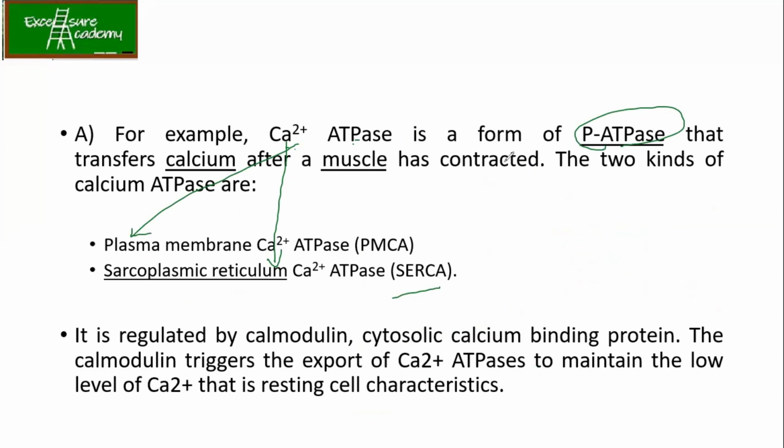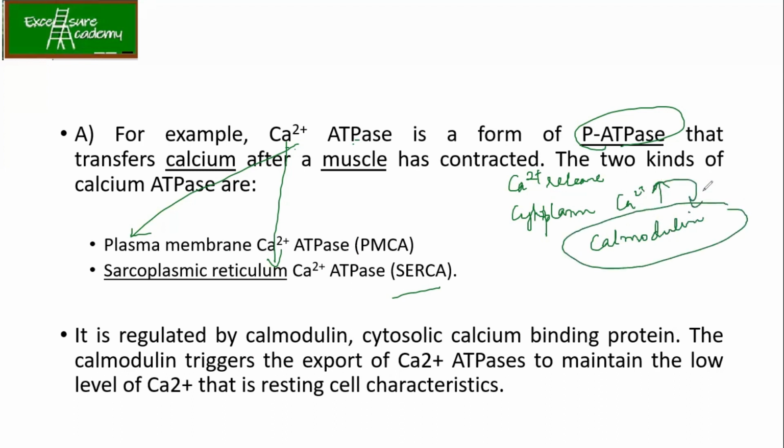So for muscle contraction, there is a calcium release, okay? Calcium release hua, so it means in the cytoplasm, the calcium level got increased, correct? Now, since it is increased in the cytoplasm, there is so much possibility of binding of this free calcium to the calmodulin. Agree? So this free calcium can come and bind to the calmodulin.